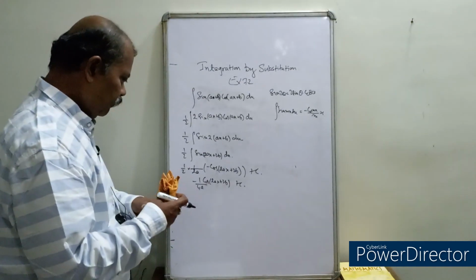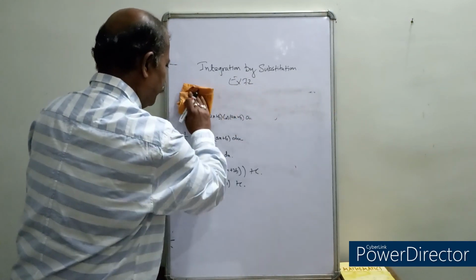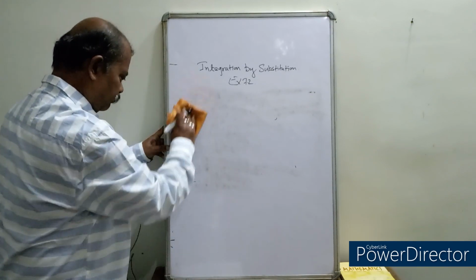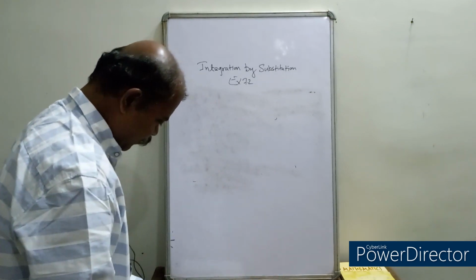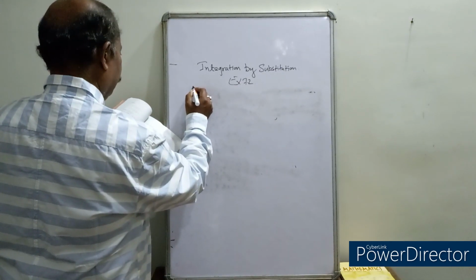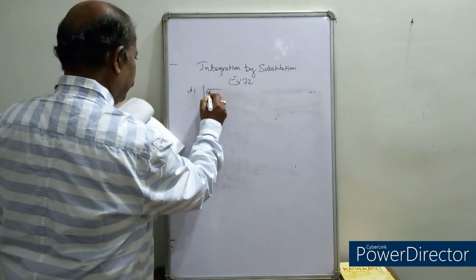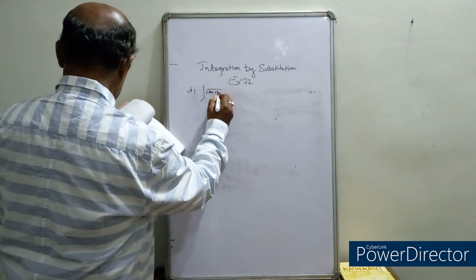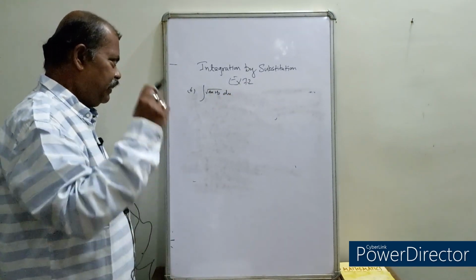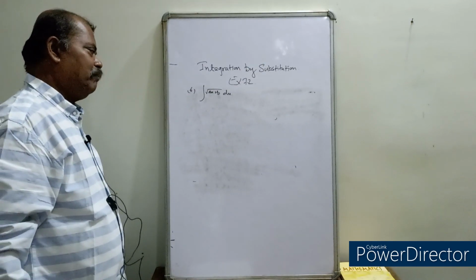Now I am going to your next question. Your next question is question number 6 here, that is integration of root(ax plus b) dx. Because this is a chapter of substitution, let me first show by the help of substitution.